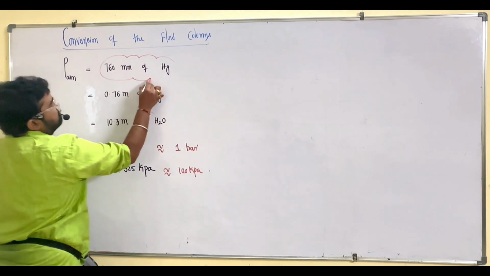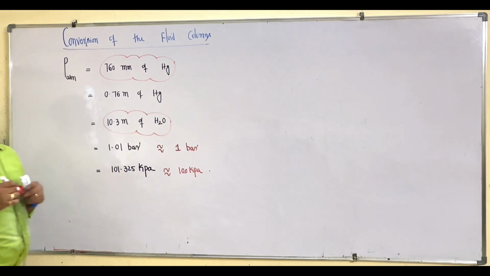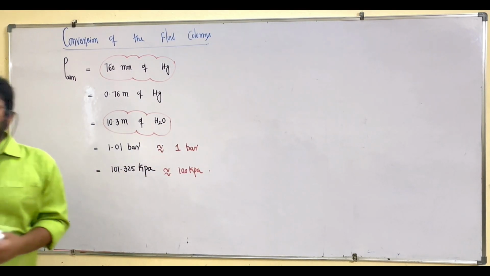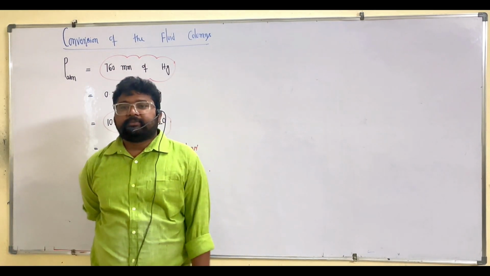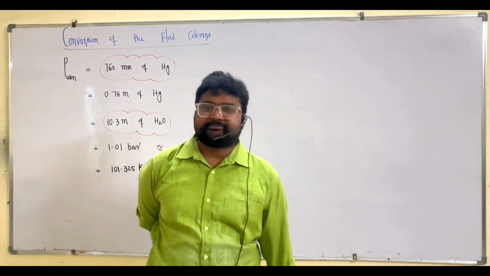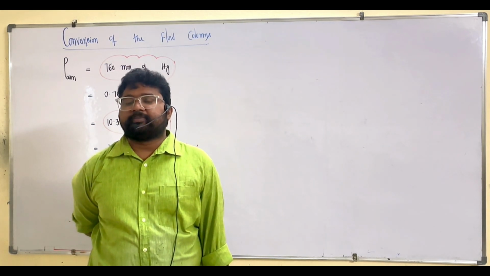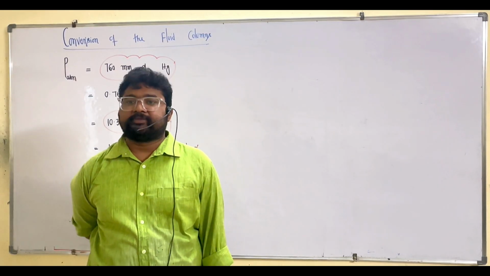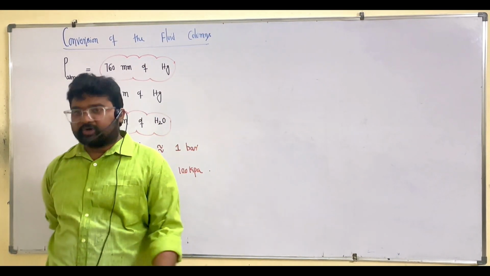760 mm of Hg converted into 10.3 meter of water. So if it is 10.3 meter of water, tell me, why is mercury used at all? In order to measure pressure, why is mercury used in the barometer? Mercury is used in the barometer and in manometry.